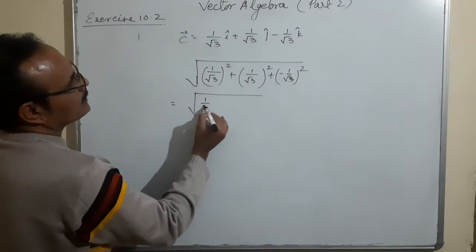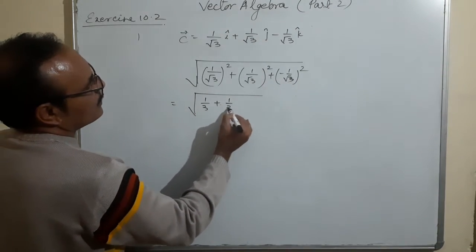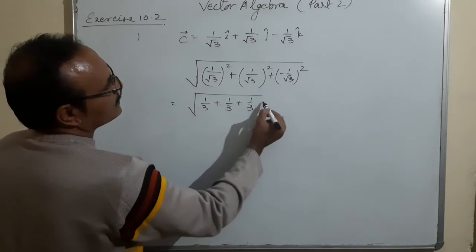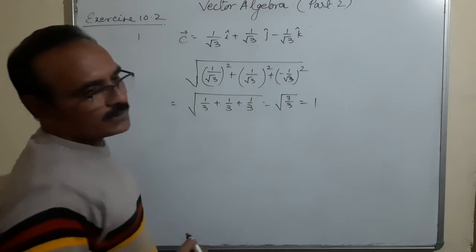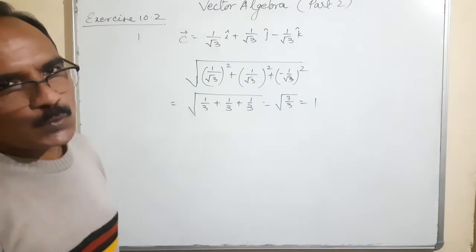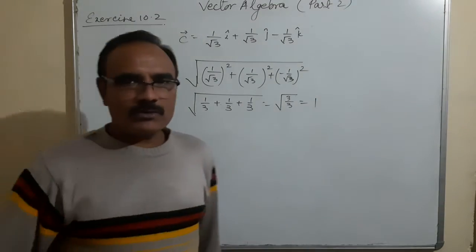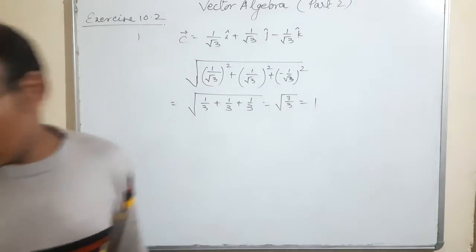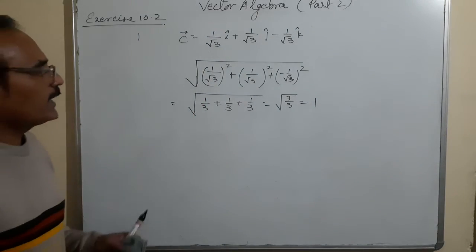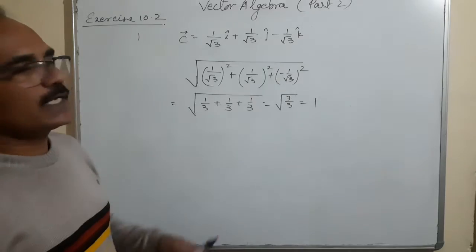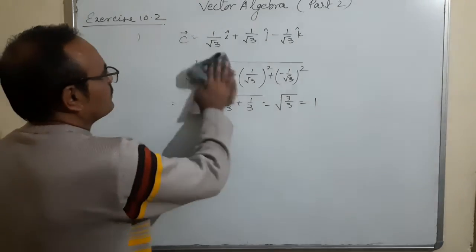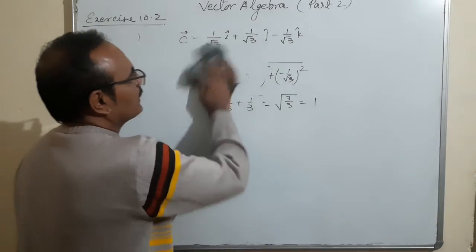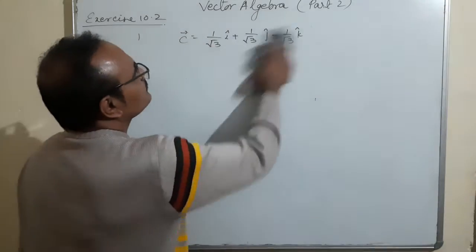So it is 1 upon 3 plus 1 upon 3 and again plus 1 upon 3. So it is 3 upon 3, that is 1. So the magnitude of this is 1. In the same way we can solve the other questions given in it. I hope you will solve them. These are called the direction ratios, and the square root of the sum of squares of direction ratios is called the magnitude.